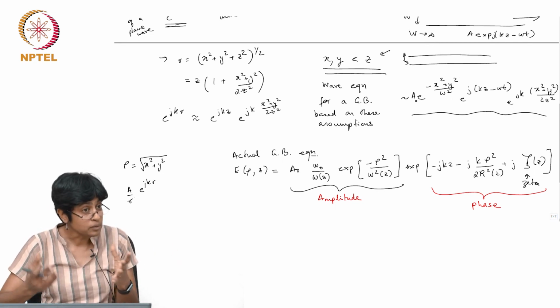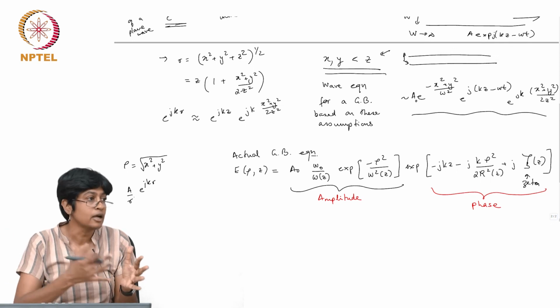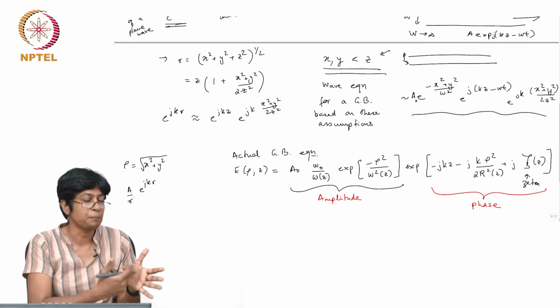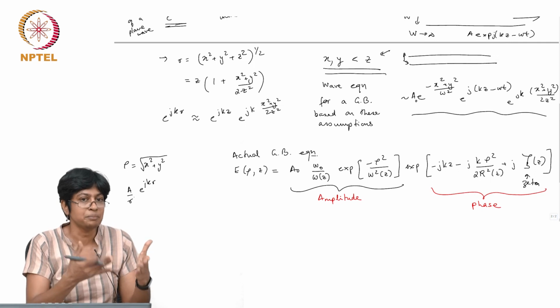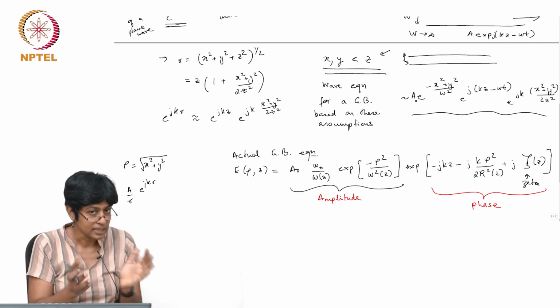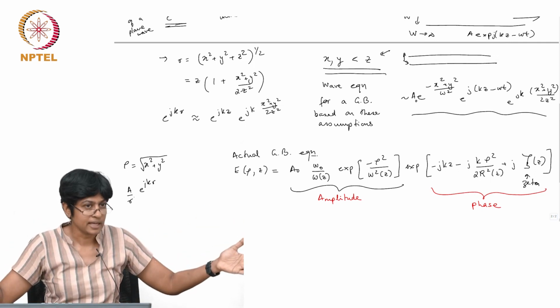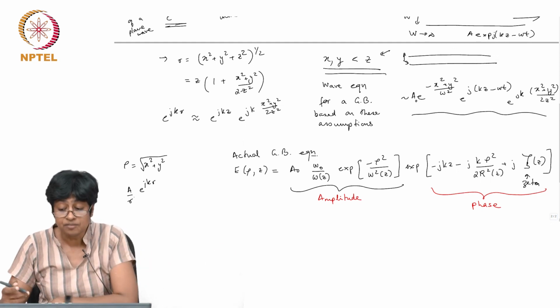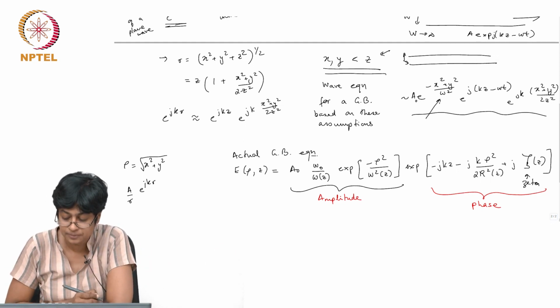And what were those assumptions based on? We said, given what we know about the Gaussian beam, it is a beam of finite width. It does not spread in the xy direction. We arrived at some expressions like this, right?